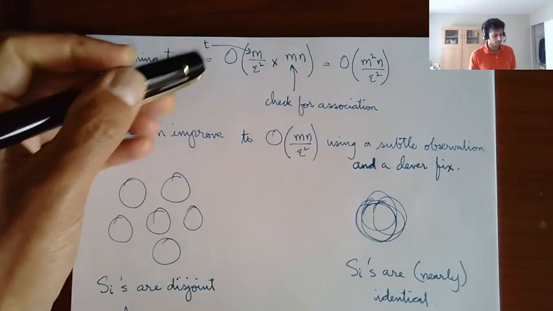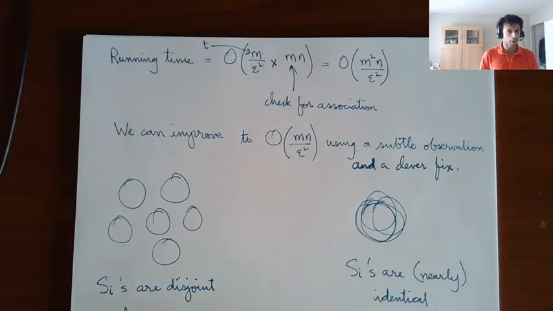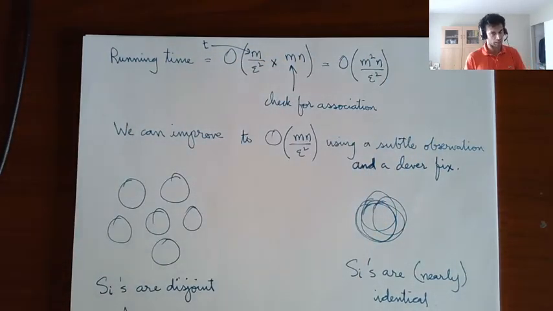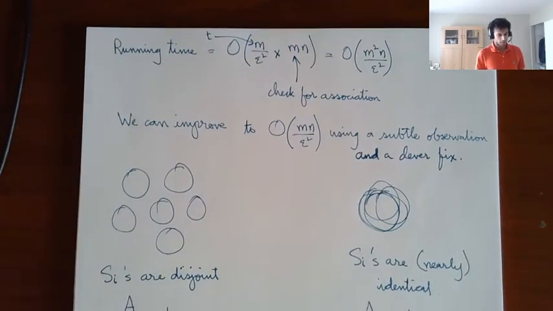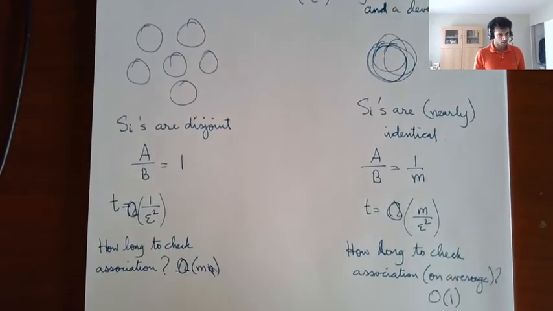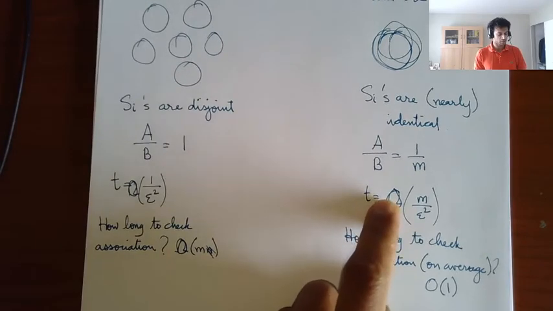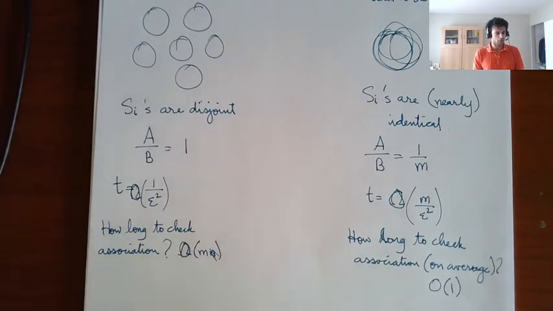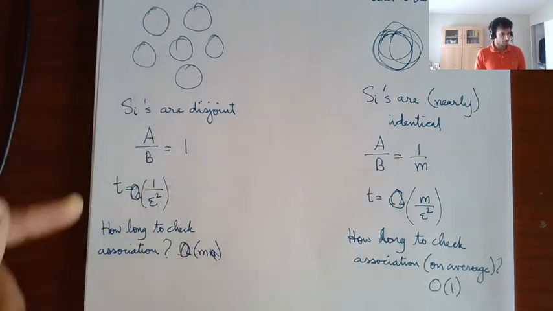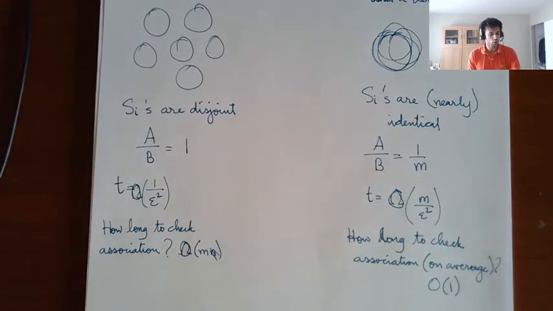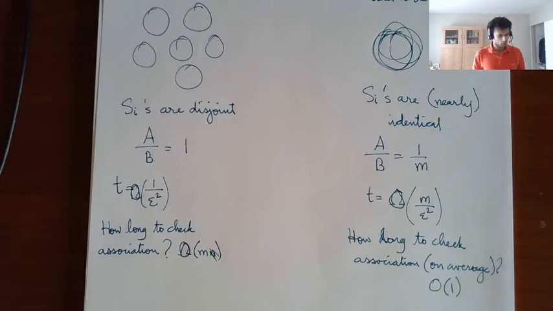What we did was bound the worst case trials as O of m and the worst case association check as O of m, and we get O of m squared. But the remarkable observation is that when the number of trials is in its worst case, the association check is cheap, and vice versa. We will exploit this to give an mn divided by epsilon squared algorithm.